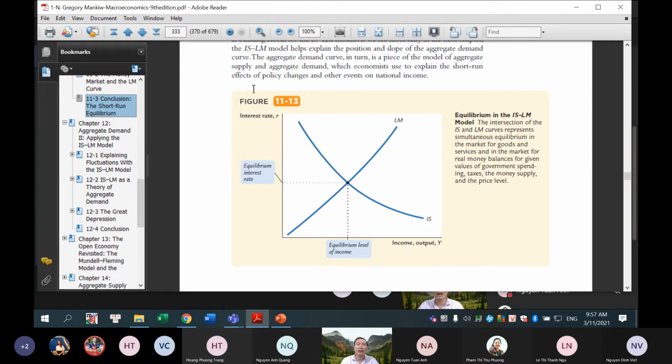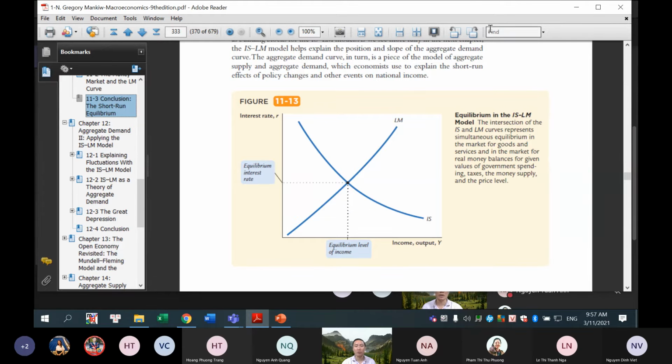The IS curve slopes downward because at a high interest rate we invest less. Okay, the investment spending of firms is less. Firms will buy fewer machines. So the production of the economy will be less. But when the interest rate goes down, firms will invest more. They will buy more machines, more materials, and so on. So the economy will produce more goods and services. So production will be higher. Okay, that is the explanation for the shape of the IS curve.